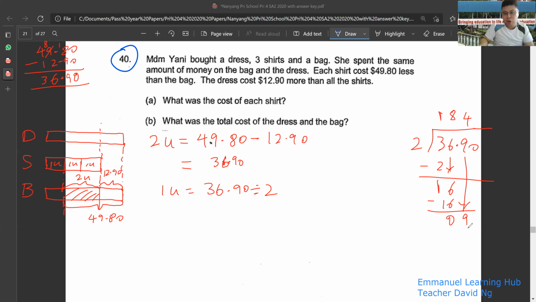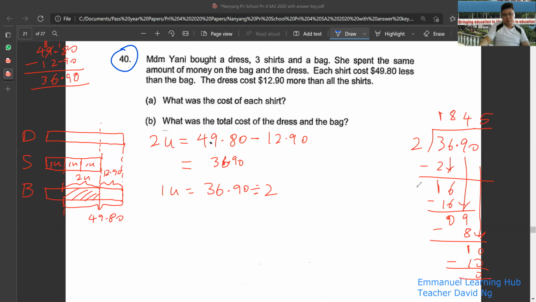You have to be faster in your calculation. 4 times 2 is 8. 10 divided by 2 is 5. Okay, remainder 0.